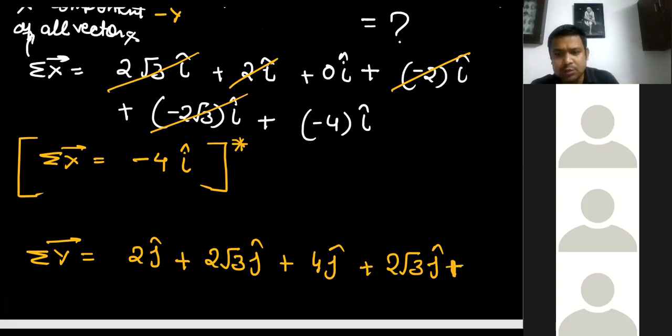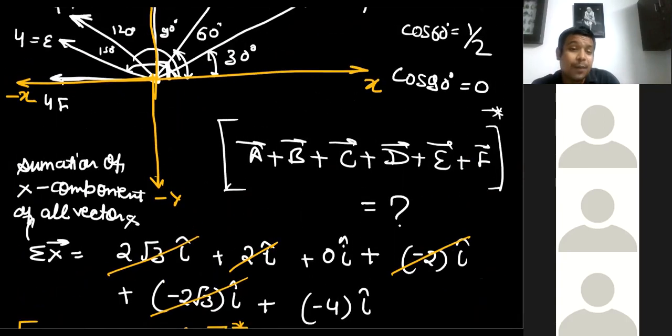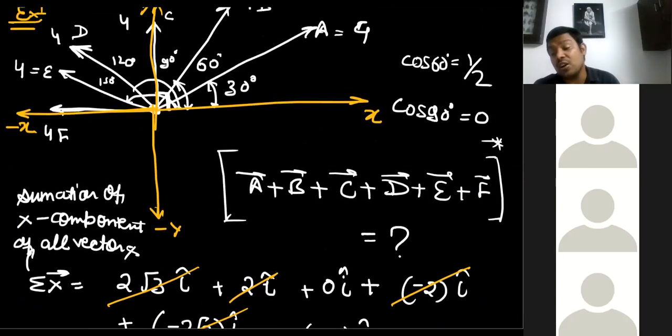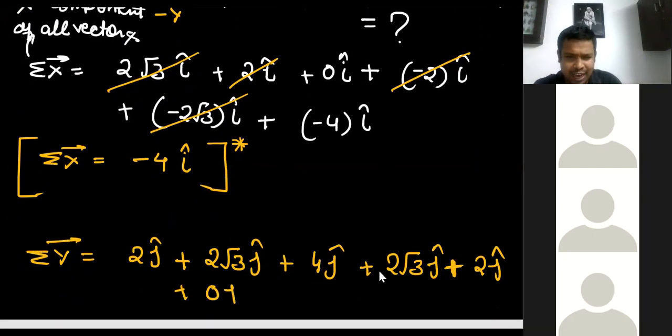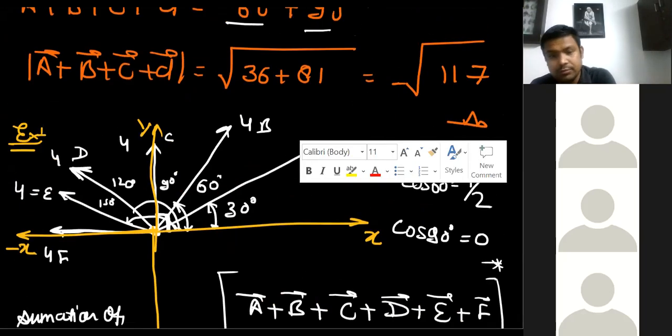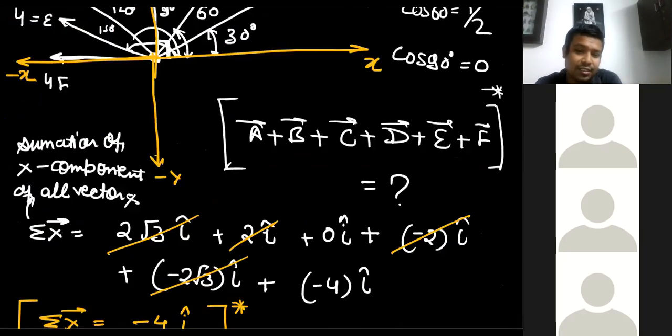It is very, very useful for you. So my dear friends, it is 2J cap. Now what is the component of F vector along the Y axis? 0J cap. Very good. I am proud of you. You are a very fast learner.